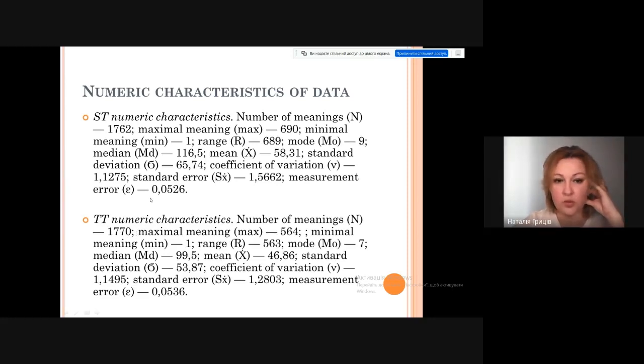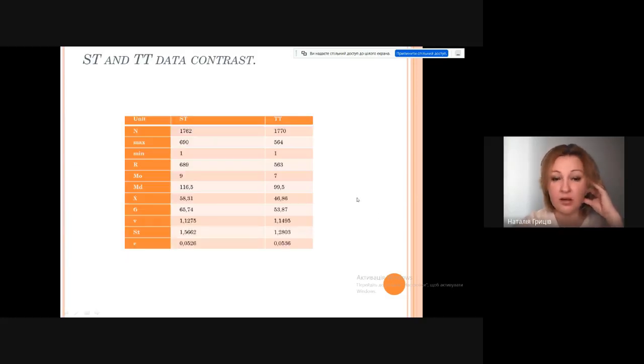Then we talk about the maximum meaning, which equals 690 in the original and 564 in the translation, and so on. We came up with a contrasting table that will make it easier for further analysis and further approach while concluding on this or that data obtained.